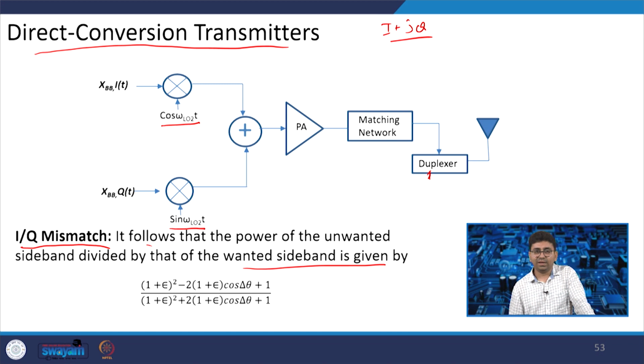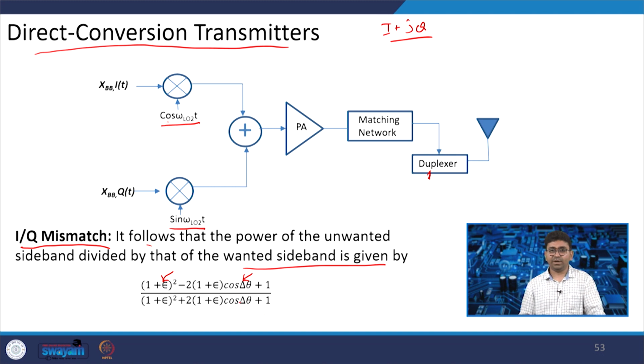We have seen this with the image rejection ratio also, and when discussing IQ mismatch, the change in amplitude: 1 plus sigma, where sigma is the error in the amplitude and delta theta is the error in the phase. When you are applying cos omega LO t and sin omega LO t, if there is a change in phase of delta theta, or a change in amplitude of sigma, this is the IQ mismatch you can quantify by using this equation.